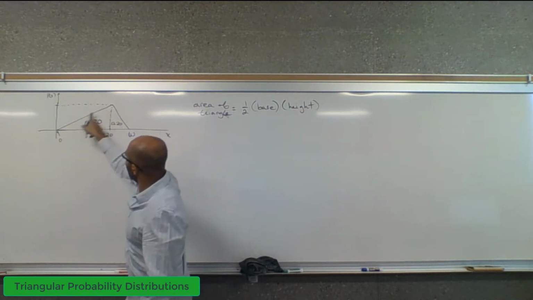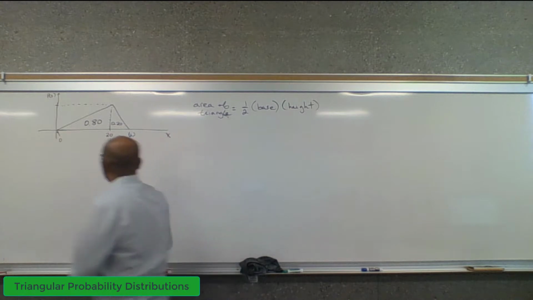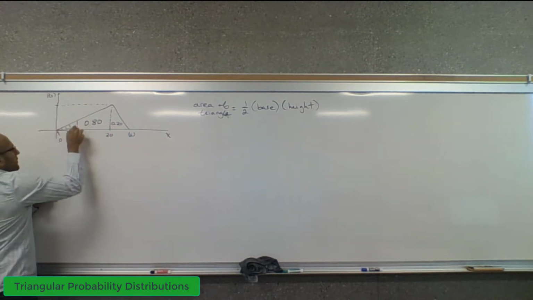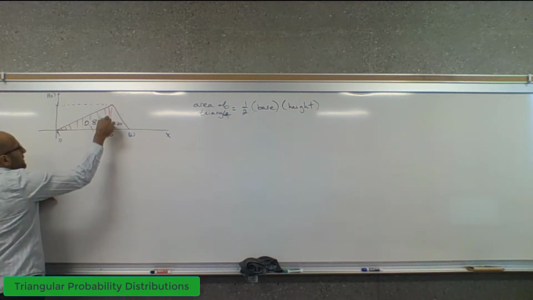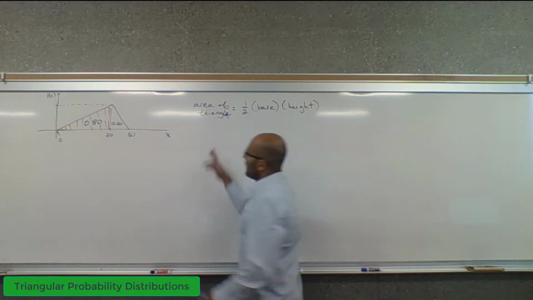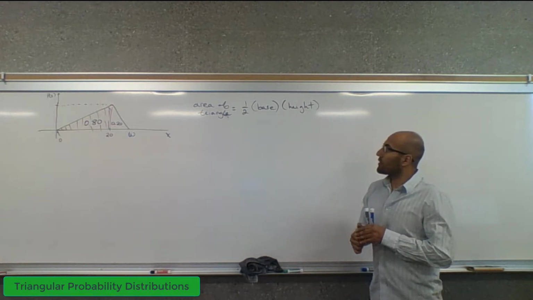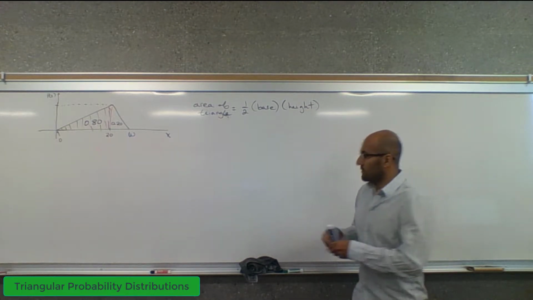So in the case of this triangle here, let's color it in, I guess. In the case of this red triangle there, the area we are told is equal to 0.08.